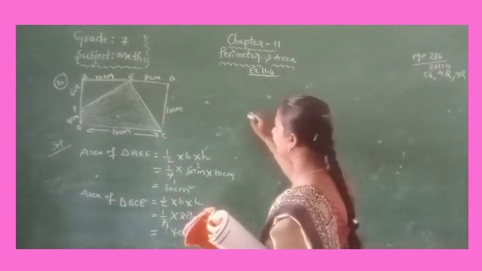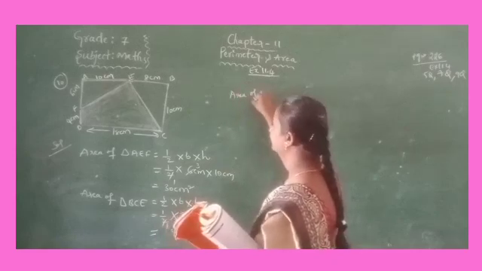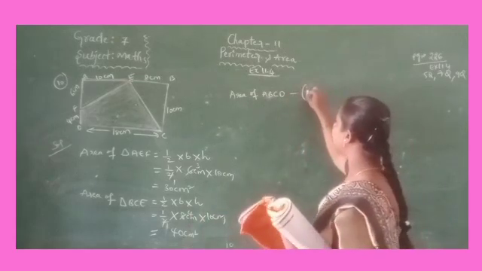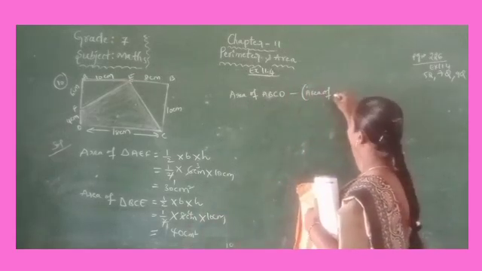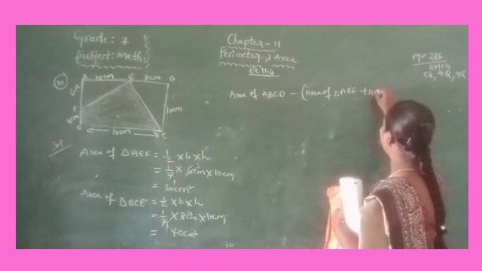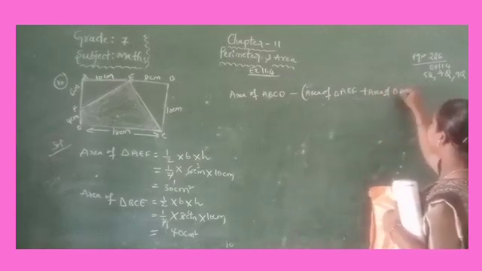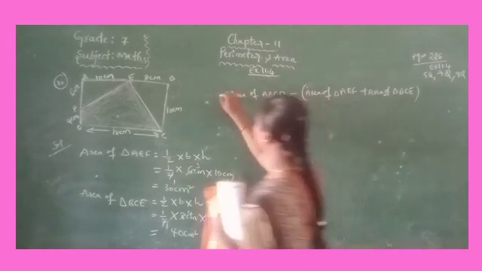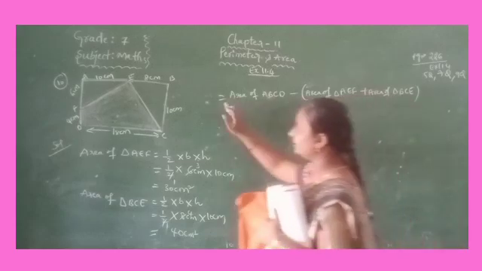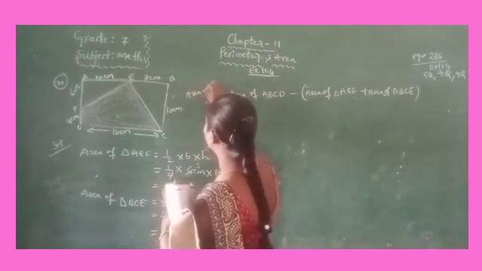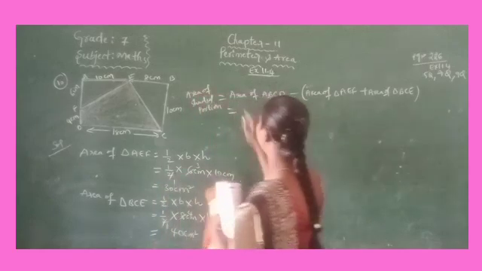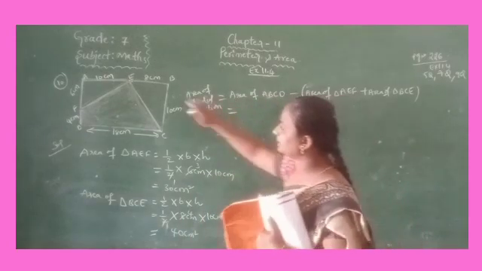So how to subtract that from the total area? That is area of ABCD minus the area of triangle AEF plus area of triangle BCE. If you subtract the sum of these areas from the area of ABCD, then only you can find the area of shaded portion. So area of ABCD, what is the length and breadth here?